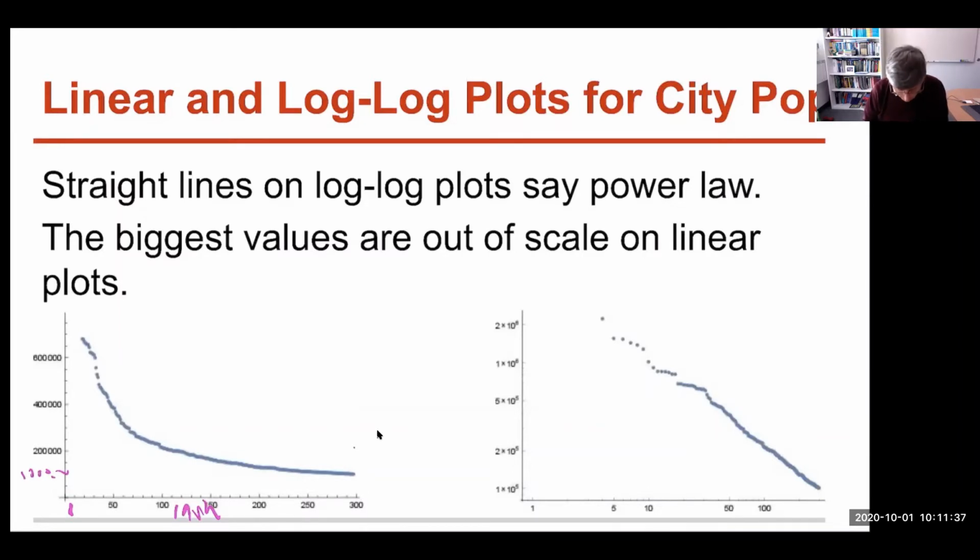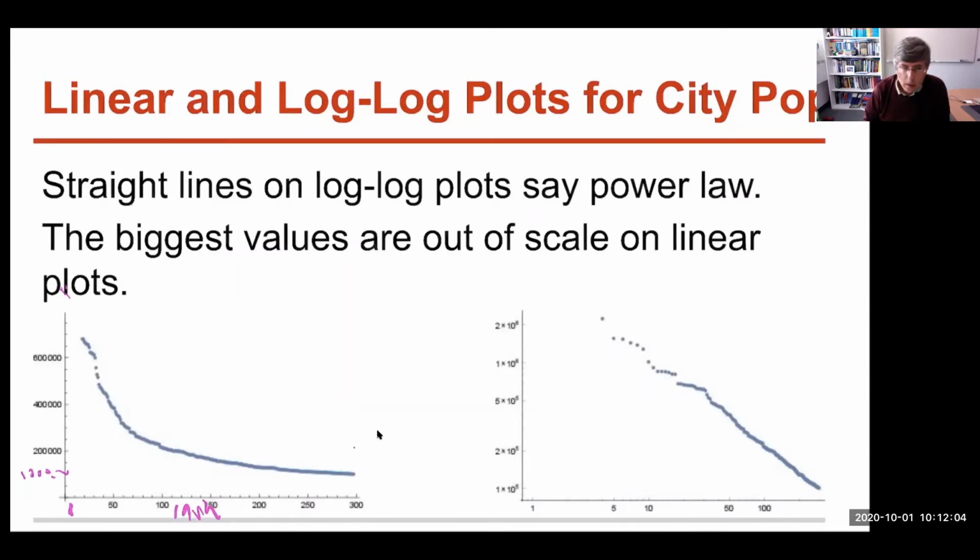What do we see when we get a plot where the x-axis is the rank of the city and the y-axis is the population? What do you see here? I can tell you one thing you don't see here. You don't see Manhattan. Where is New York City?